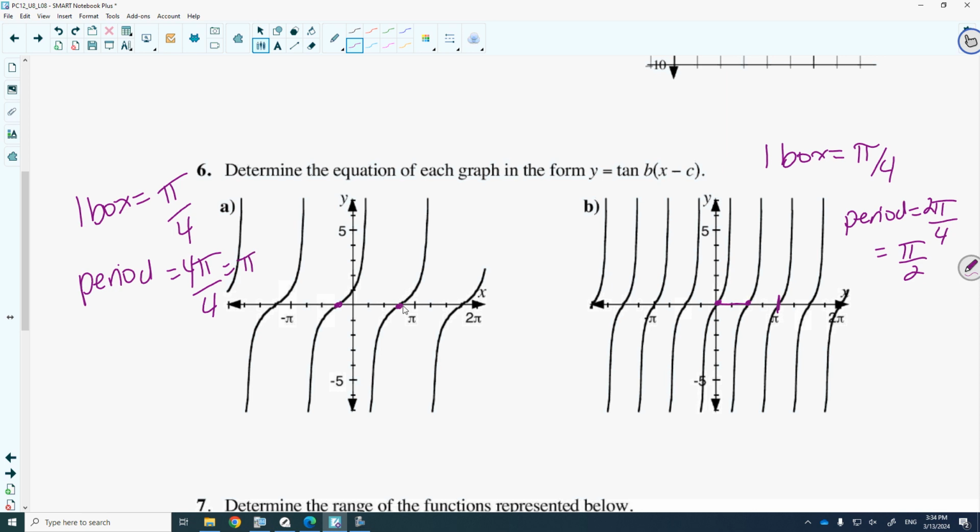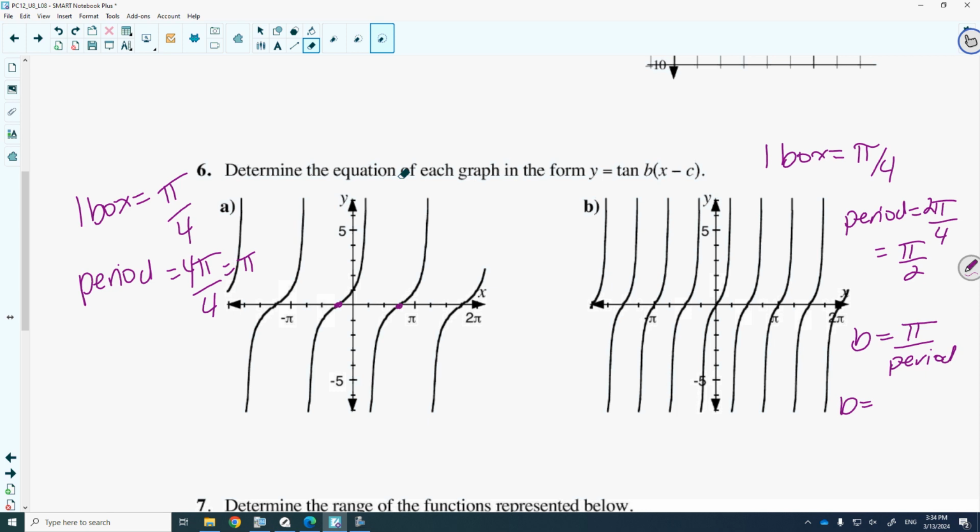Okay? The reason why we need the period is that from there we get the b value. So going back to b, now remember, if it was a sine graph or a cos graph, the formula would be 2 pi divided by period. It's a tan graph, so the b value is going to be equal to pi divided by period.